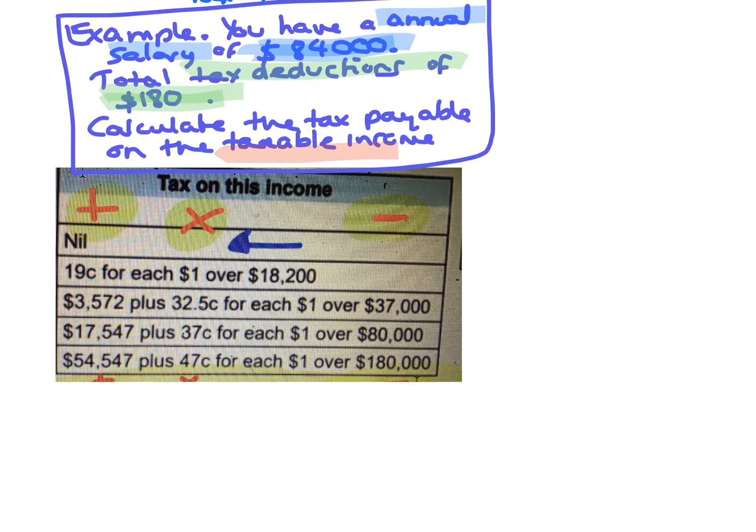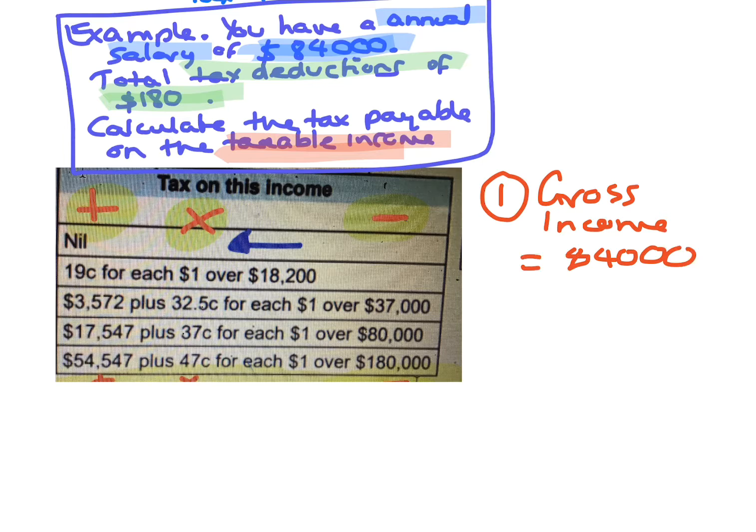Now what we've got to do is work out the taxable income. To work out your taxable income, the first step is to get your gross income, which is $84,000.